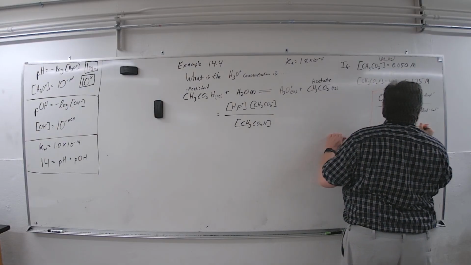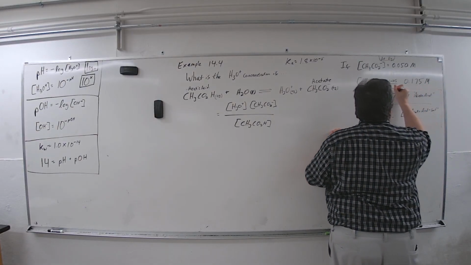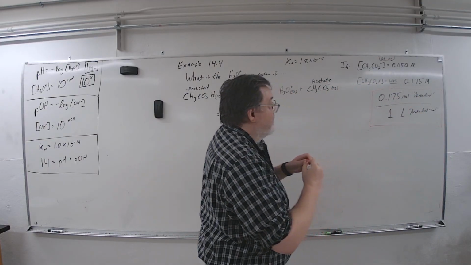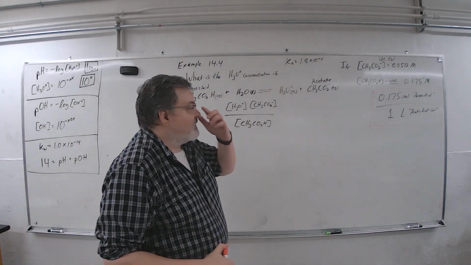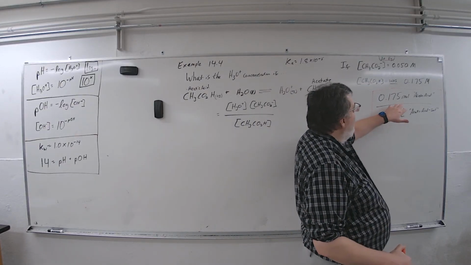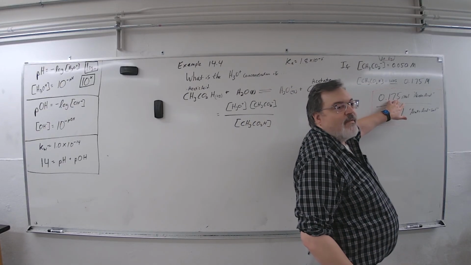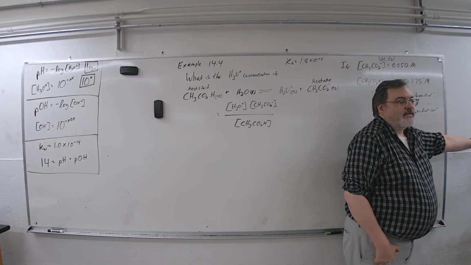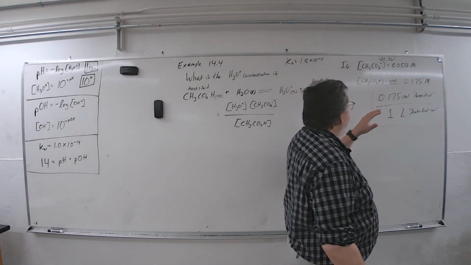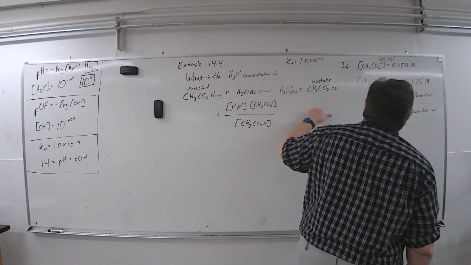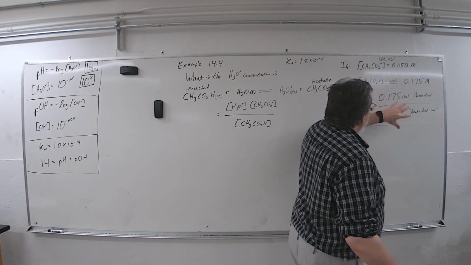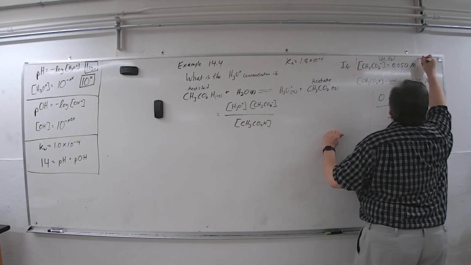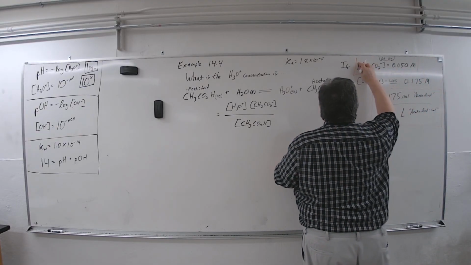You're given this, meaning I tell you I made this molarity solution. But of course, not all of the 0.175 moles became H3O plus like it did with HCl. Not all of it will, because it's equilibrium. Only some of it does that.